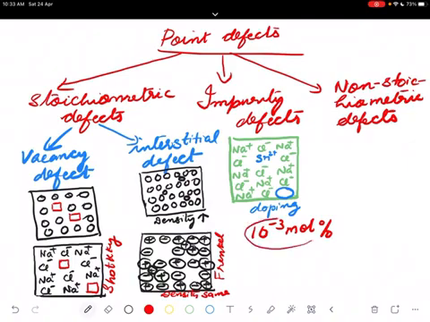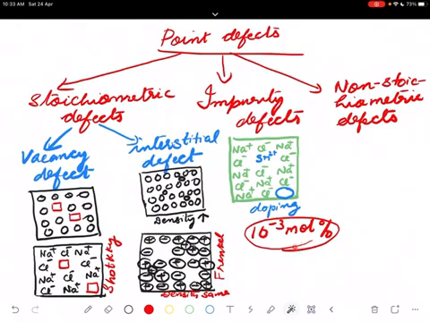Means how many Sr2+ you are adding, those many vacancies will be created. When one Sr2+ is present, one cation vacancy will be formed.